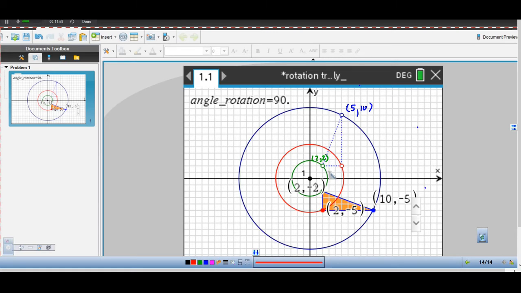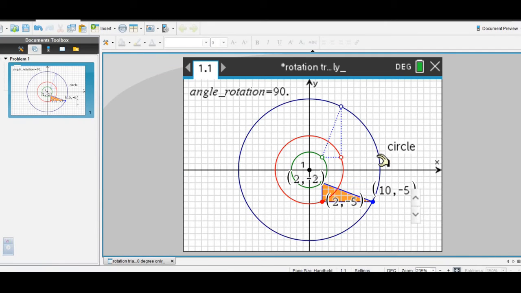Let's see if I can get this one right. The red one was originally at 5, 2. And now it's at what? 2, -5. They switched, and the second one became the opposite.